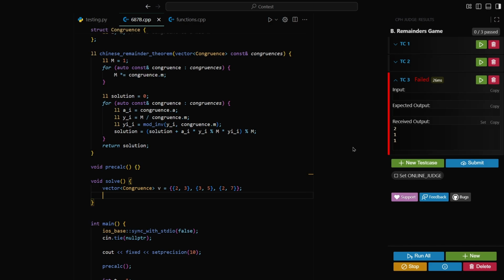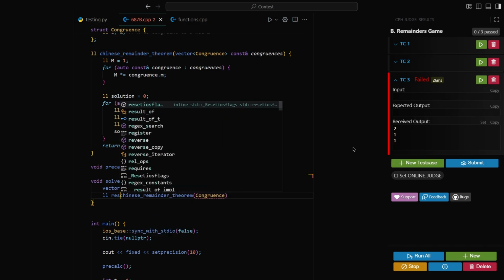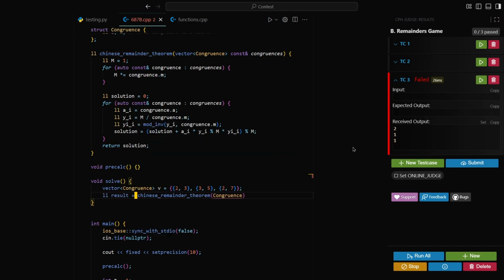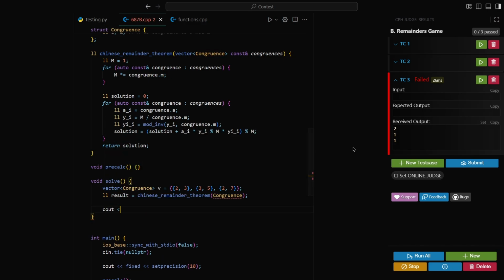Now let's just do the Chinese remainder theorem. That's our congruence. Another remainder, I mean result. Let's see our result.